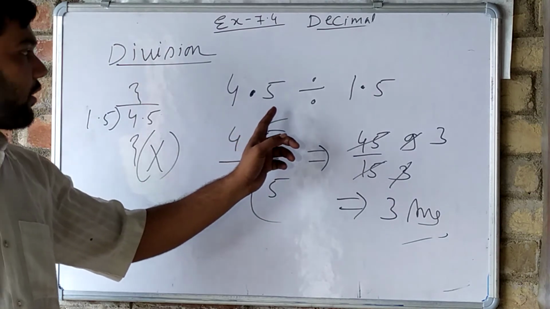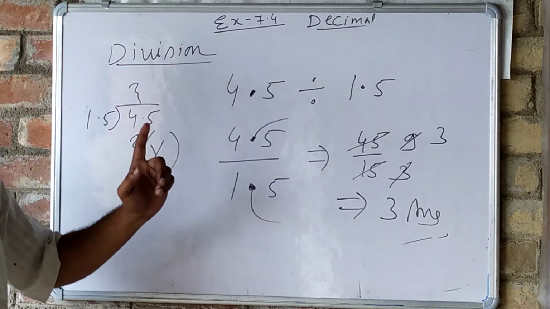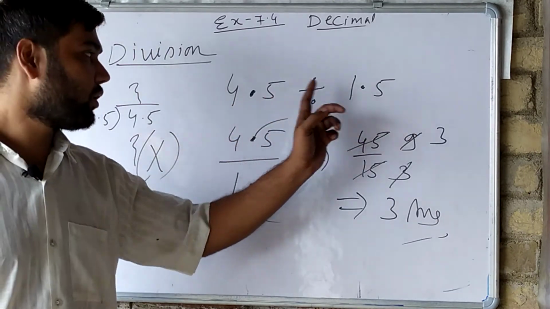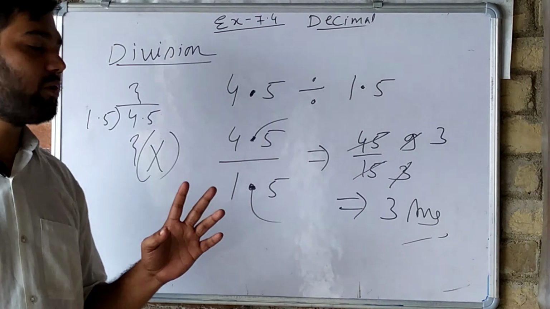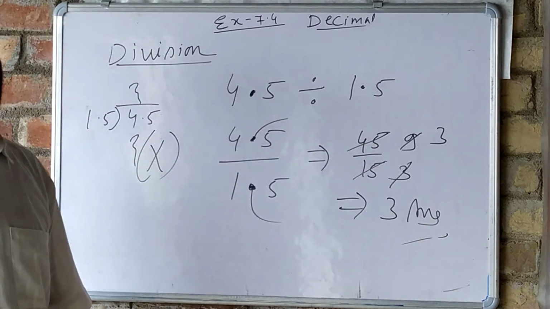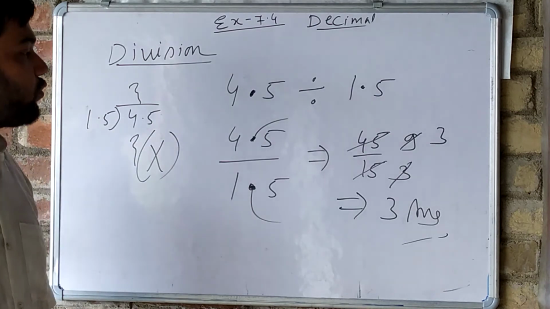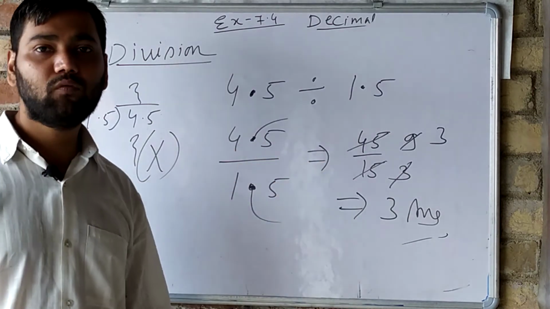What have we done? We have placed this value as the numerator and this value as the denominator first. Then we saw that both terms have only one decimal place. So if we shift the decimal by one place in the numerator, here also we shift it by one place.